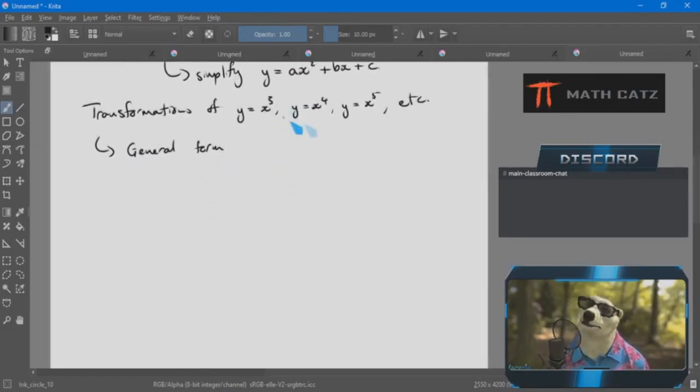But in general, let's suppose we work with y equals x to the n. Don't know which one. It could be any one of those. So my general form then is going to be the highest power is x to the n, and I'm going to have a number in front that I'll call a sub n.